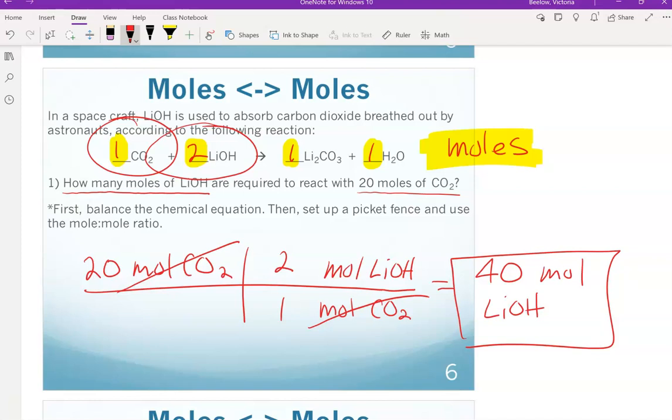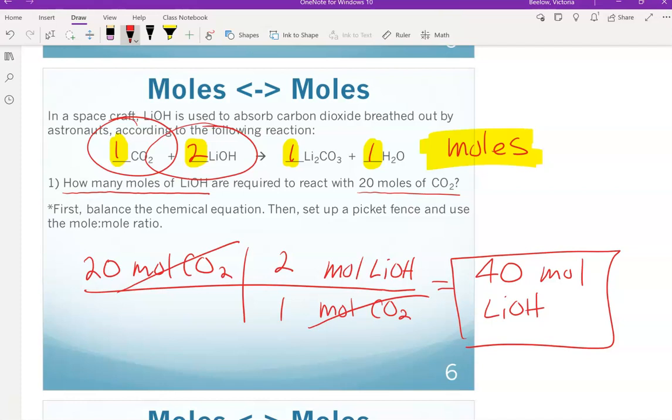This is something that you will have to do in every single problem moving forward. That's what stoichiometry is. It's using a balanced chemical equation to convert between different substances in a chemical reaction. This is very useful because it can tell you how many moles or grams, we'll get there at some point, you need of the reactant in order to get a certain amount of product.